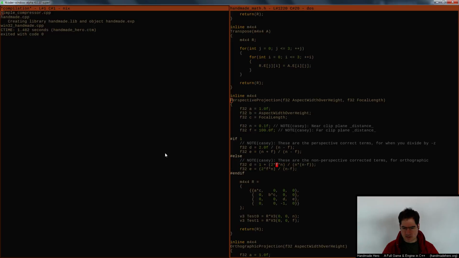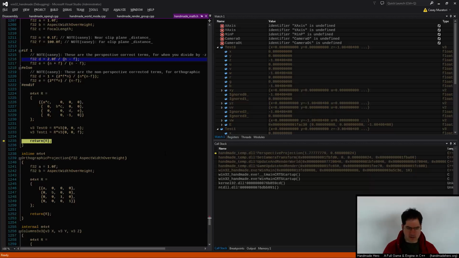And we've got these two terms in here, but these are the perspective terms. And the ones that say these are the perspective correct terms are not the perspective correct terms at all. I must have made a cut and paste error there, because that actually should be this. So this is actually what we should have been doing for our matrix.